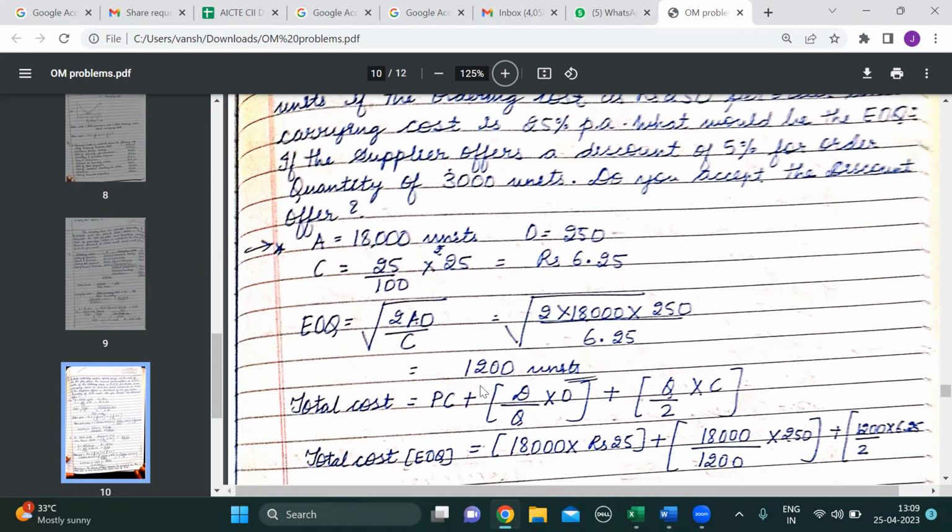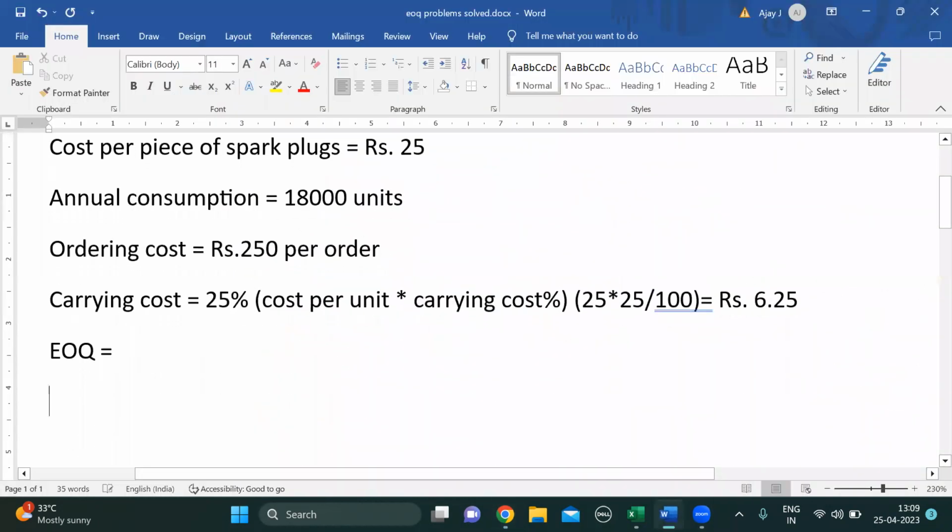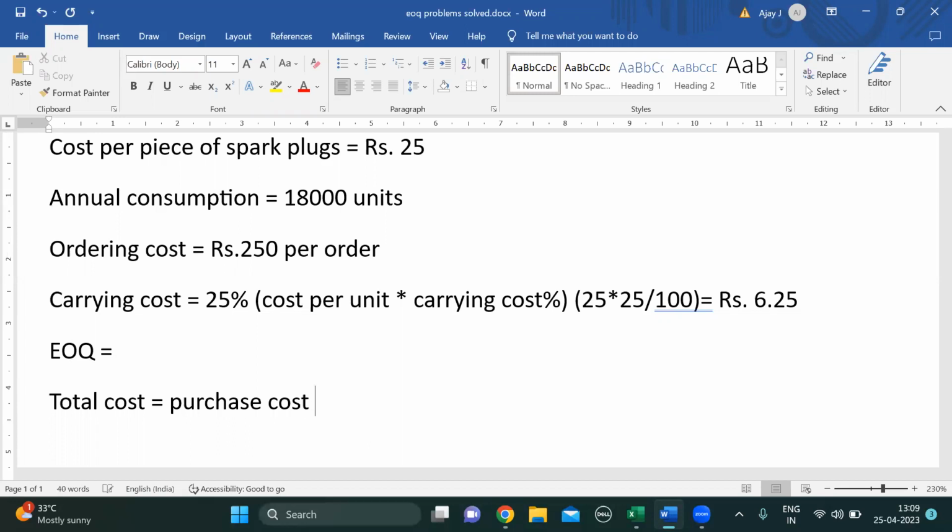Now we will find the total cost if we order 1200 units. So I'll write here: total cost is equal to purchase cost plus ordering cost plus carrying cost.